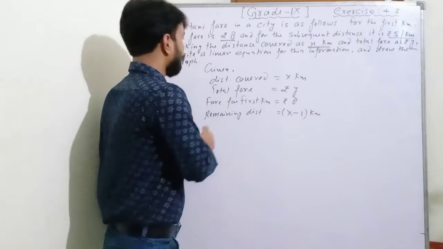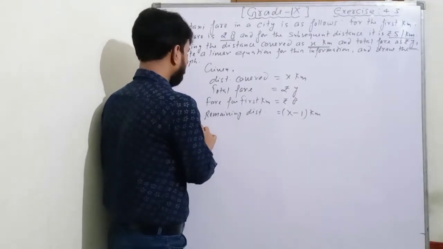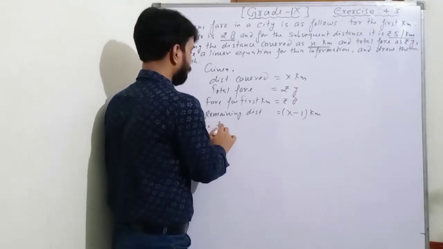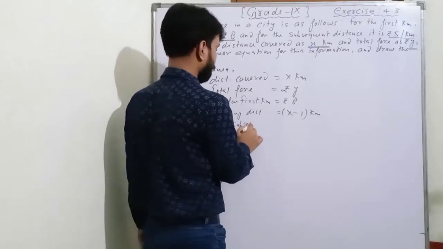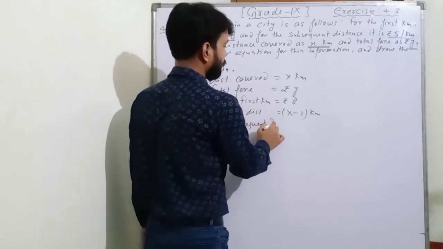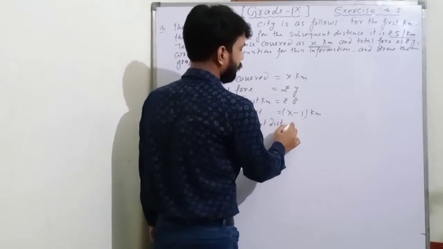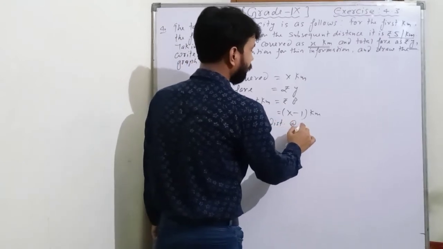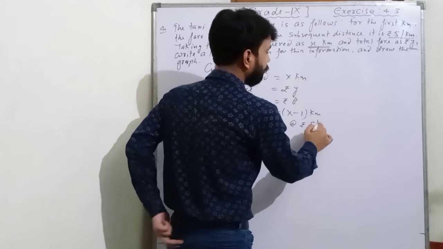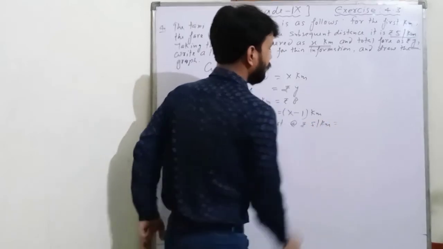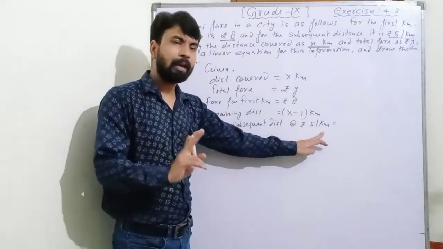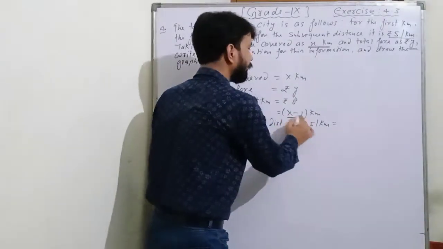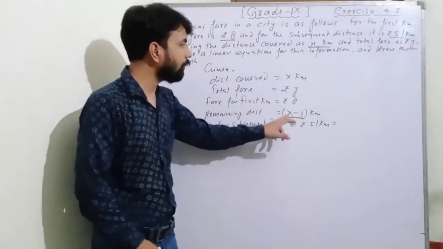Good. Now fare for subsequent distance at the rate of ₹5 per kilometer. Because we have to pay ₹5 for 1 kilometer, but the remaining distance is x minus 1 kilometer. So how much amount we will have to pay?